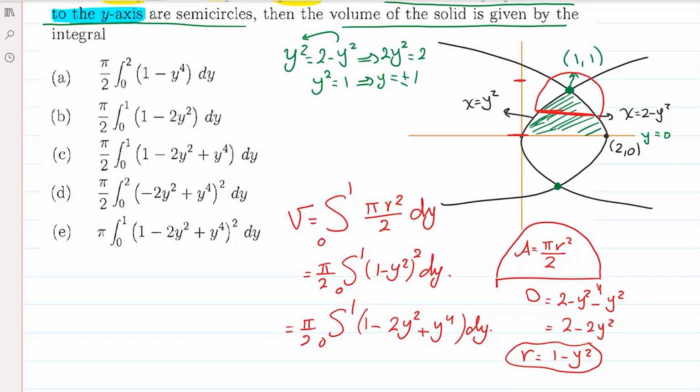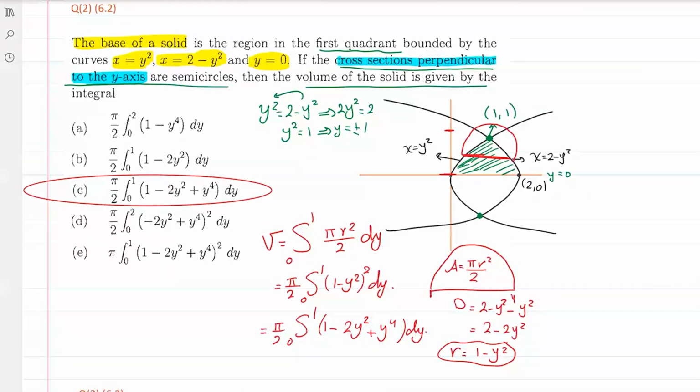Can you just repeat how you found R? I found R because R equals half the diameter. How do we find the diameter? Note again that the cross section is perpendicular to the y axis. So I write the cross section like this. If you take a cross section slice from the solid, this slice will be a semicircle.